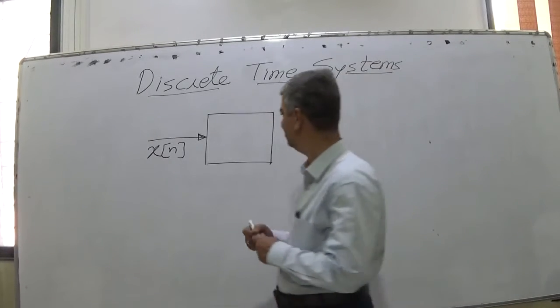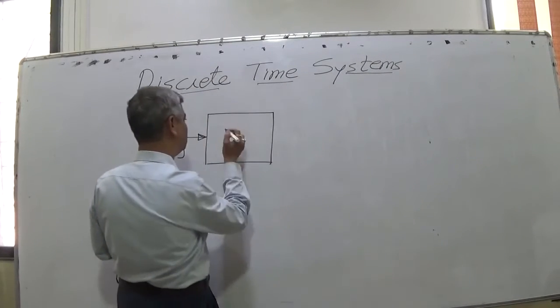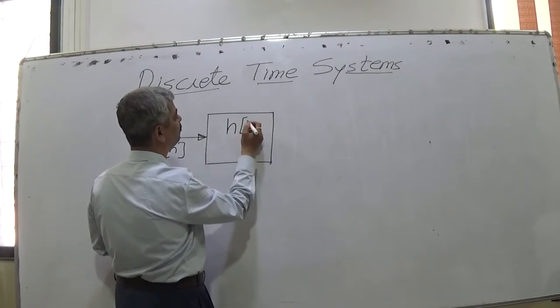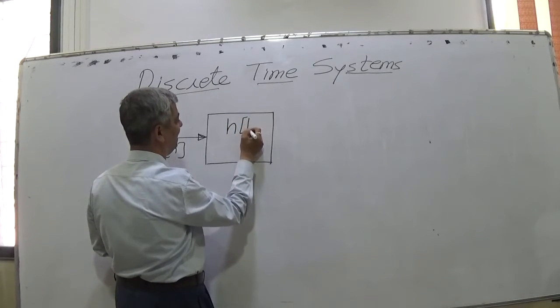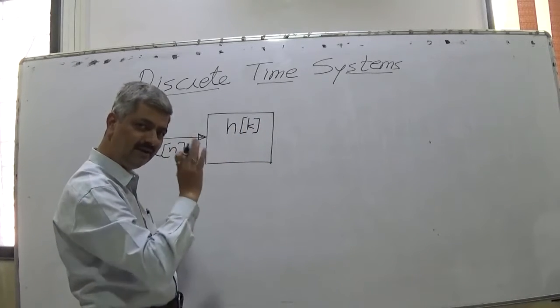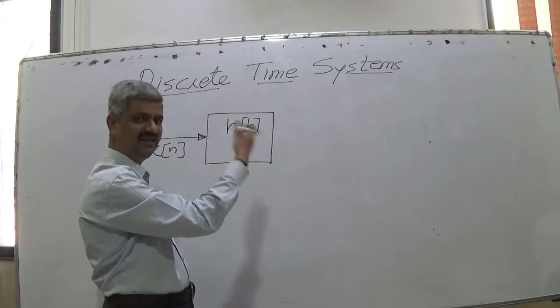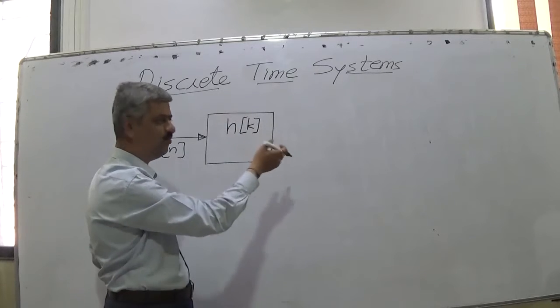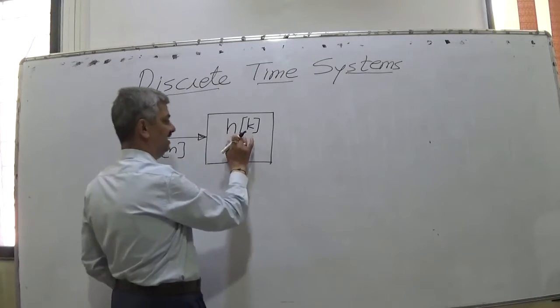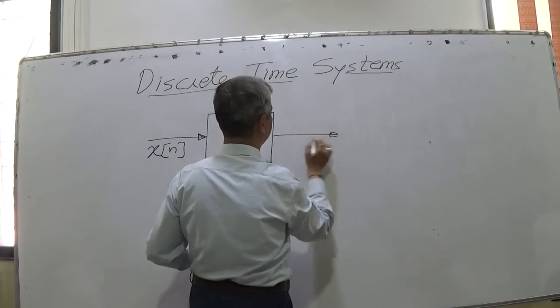Input sequence xn goes through a system. What is a system? A system is also a sequence which I can say hk or hn also. The index can be anything, k or n, not so important. So input sequence xn, system sequence hk, and output sequence yn.